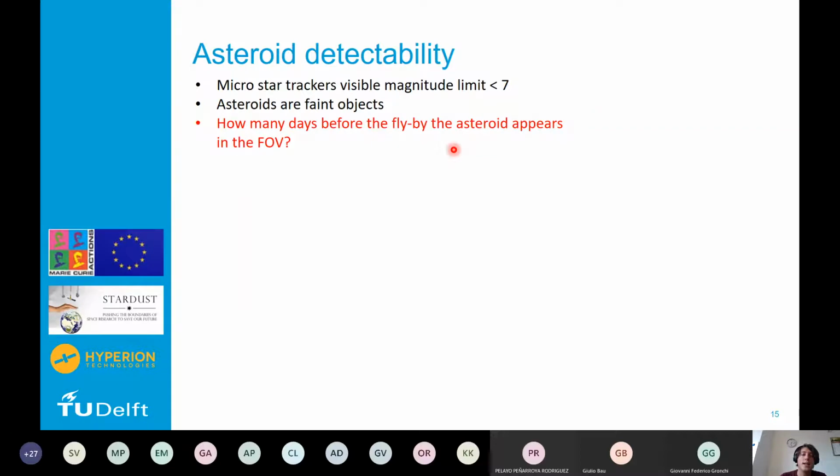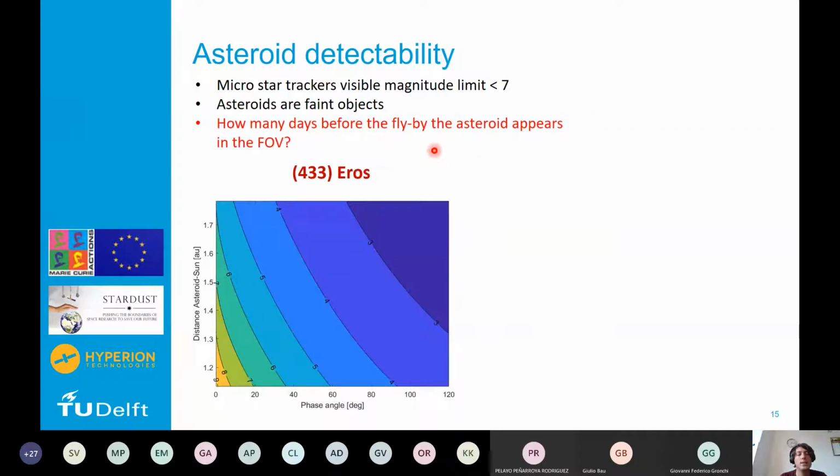To do that, using the same asteroids of the uncertainty ellipsoid, I performed a study as a function of the phase angle and the asteroid-Sun distance, which influence, of course, the brightness of the body. And with a linear approximation, I defined how many days before the flyby the asteroid appears in the field of view.